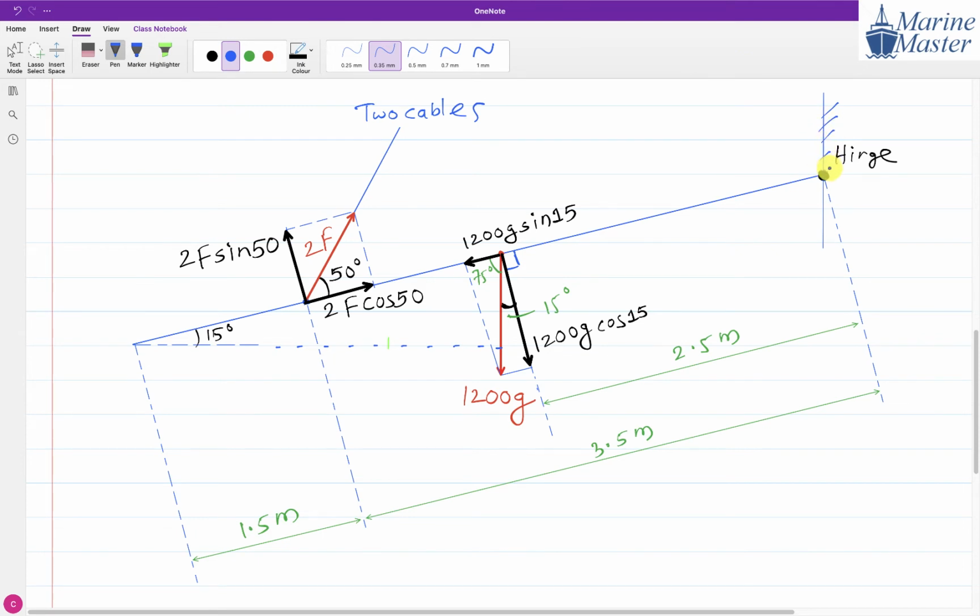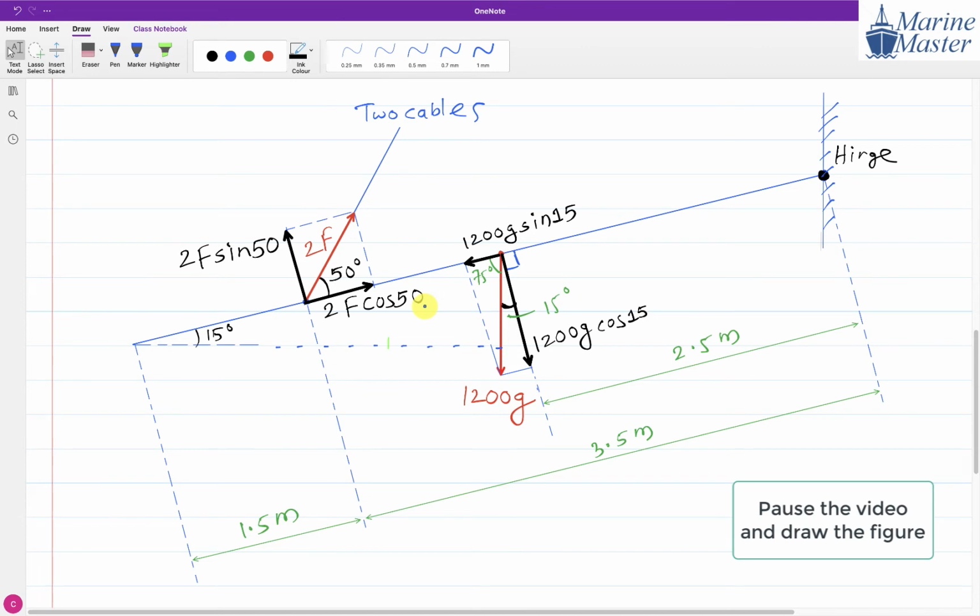Draw this drawing properly. Try to draw a bigger drawing. Don't draw a smaller drawing, because if you draw a bigger drawing, things will be properly visible. If you draw a smaller drawing, things will become very complicated.